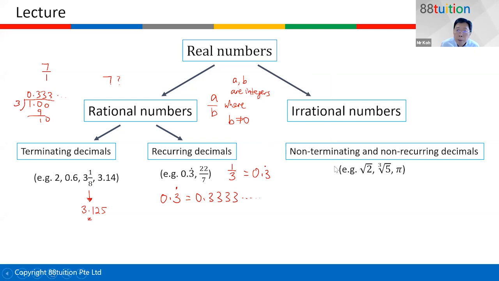The next one is non-terminating and non-recurring decimal. What exactly is that? It means it doesn't stop like a terminating decimal. It continues. Non-recurring means the number doesn't repeat itself. If you don't believe, use your calculator to find out what square root 2 is.